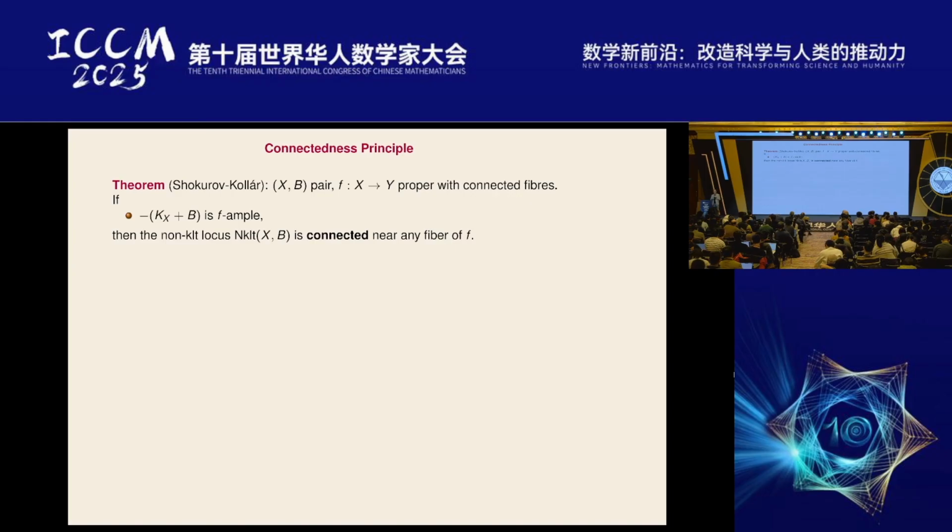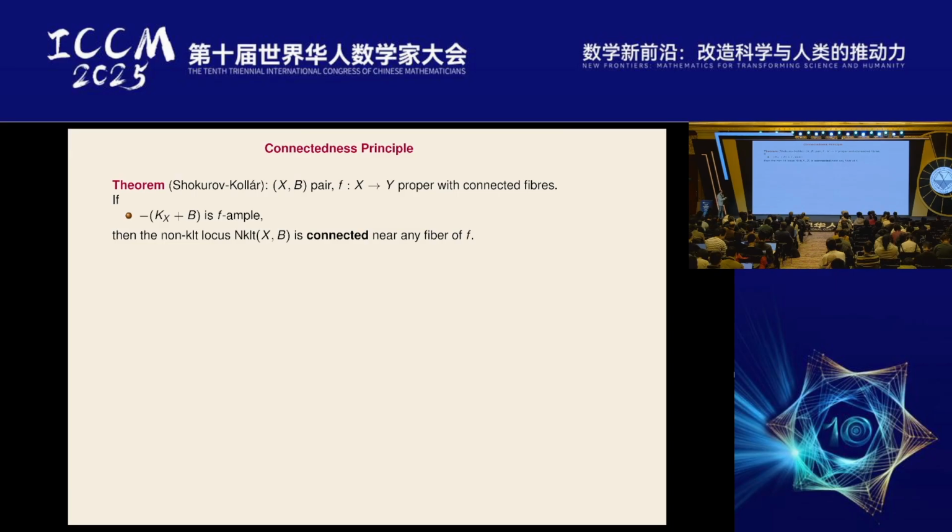So this essentially means you are in the Fano category, but in the sense of pairs. So you put some assumptions on the positivity or on the curvature, basically. Then this very interesting result says that if you look at the non-KLT locus, so the deepest part of the singularity, then it always has connected fibers over the base.